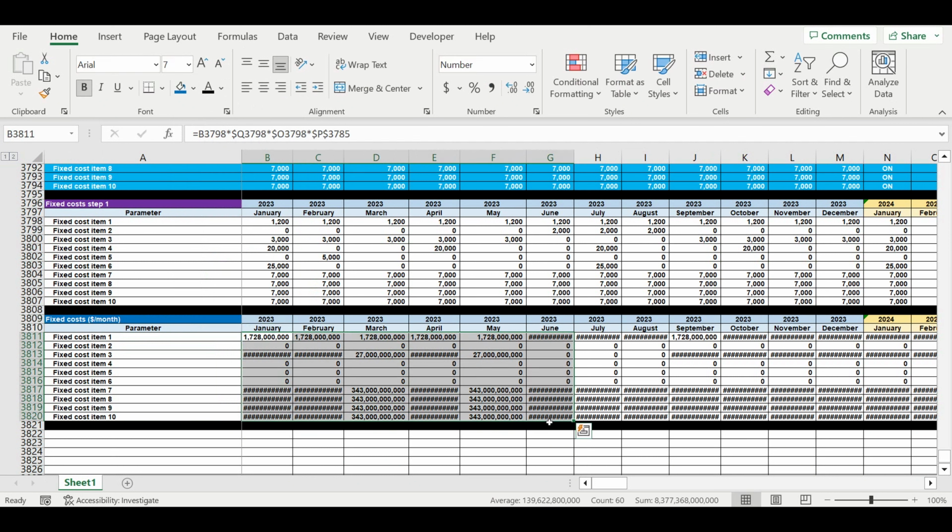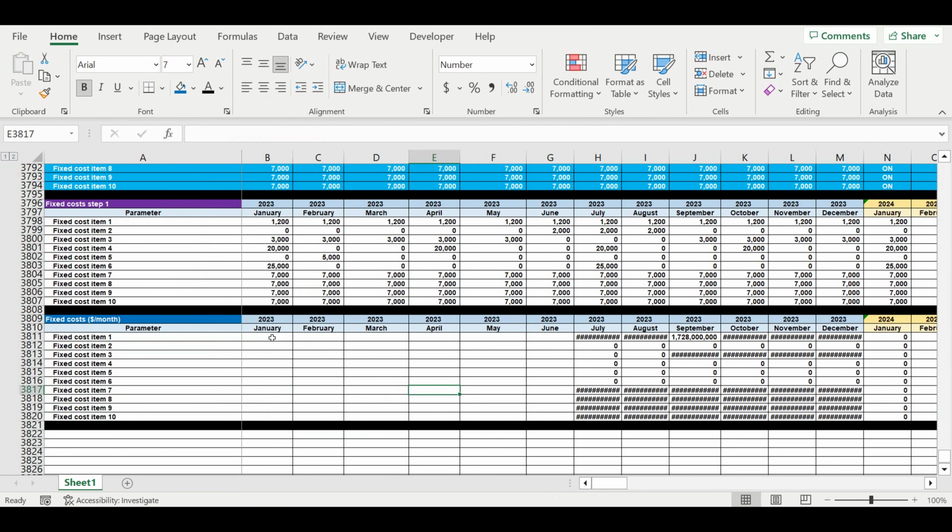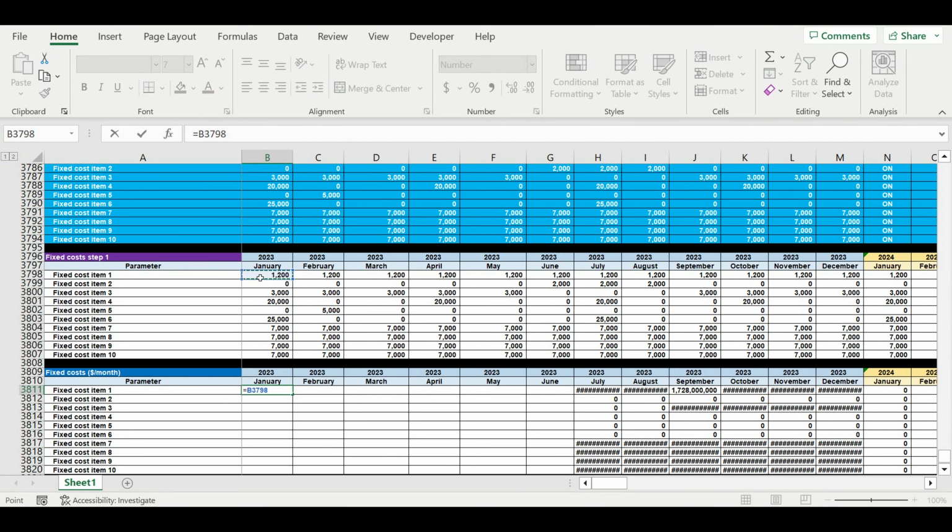And now we will write here a very simple formula. We will just take these values, but now we need to crop this timeline and start all these expenses from the moment when we start the operating activity. So this is the value, and now we should go up.